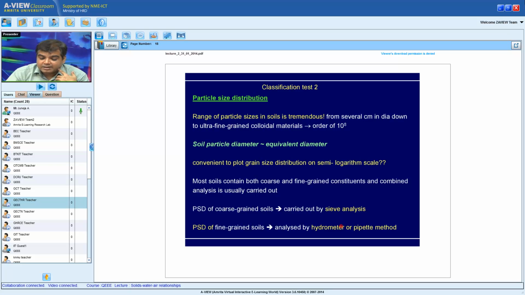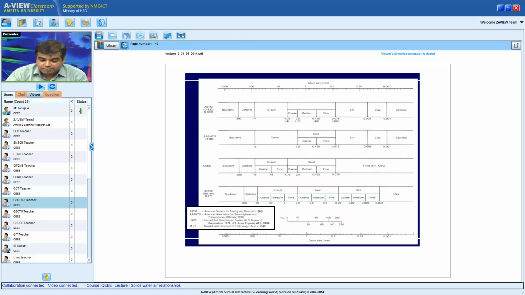However, all the results are calibrated or compared to the hydrometer, so the most commonly used method is the hydrometer. Again, I would like you to go back and practice this if given a chance to do a hydrometer test in the lab.